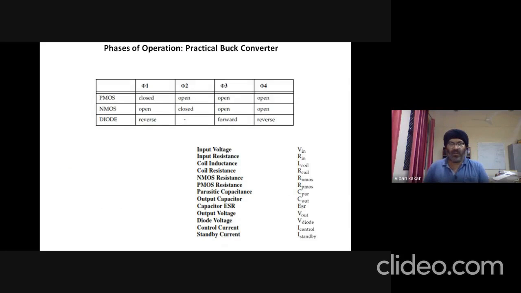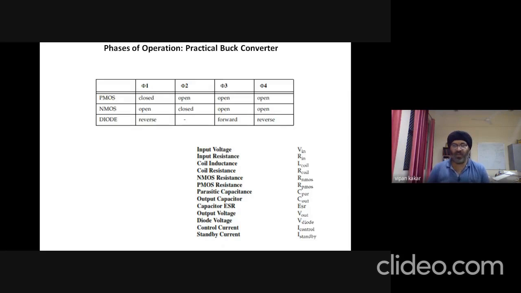So in tabular form, this is how the phases of operation from phase 1 to phase 4 look in terms of PMOS, NMOS, and the diode. In phase 1, PMOS is closed, meaning it's on, NMOS is off or open, and the diode is reverse biased, meaning it's not conducting.